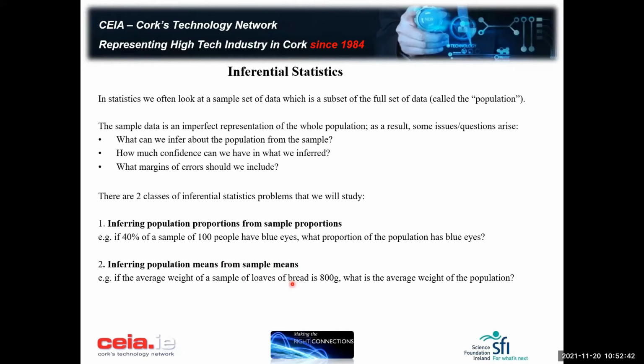You might take a sample of, say, loaves of bread, weigh them, and find that the average weight is 800 grams. What does that tell you about the average weight of all loaves of bread from the batch or from the whole production run? Again, your first guess would be 800 grams, but you need to know how reliable and how accurate that is. So those are the two classes of problems that you'll be looking at.